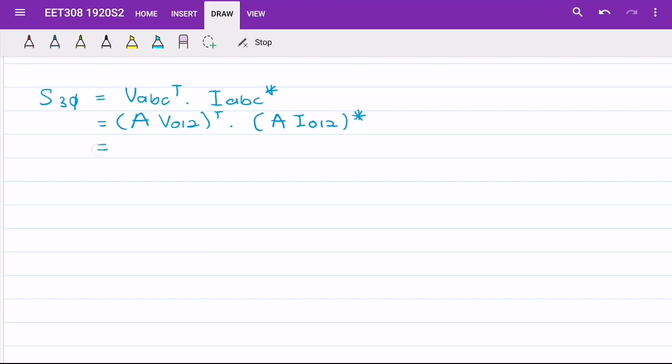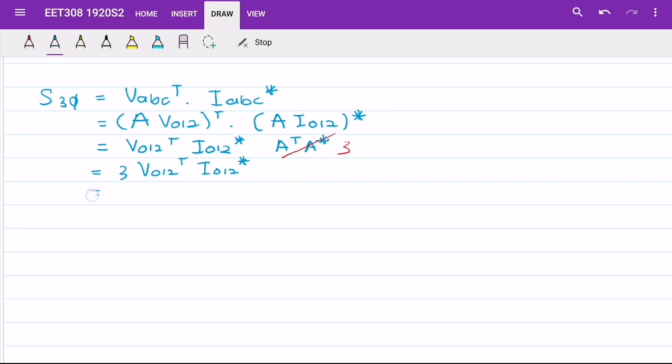So we simplify this equation. We have V012 transpose and I012 conjugate, and A transpose times A conjugate. So A transpose times A conjugate equals 3. So the equation becomes 3 V012 transpose times I012 conjugate.